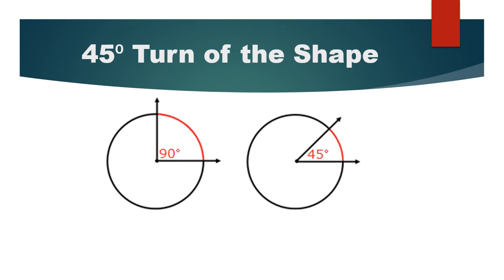So, if you want to give a 45-degree turn to the shape, first you observe the position of the shape in 90 degree. Now, as 45 degree is half of 90 degree, the turn given to the shape will be in this position. This is how a 45-degree turn takes place in the shapes. It is possible clockwise and anti-clockwise.